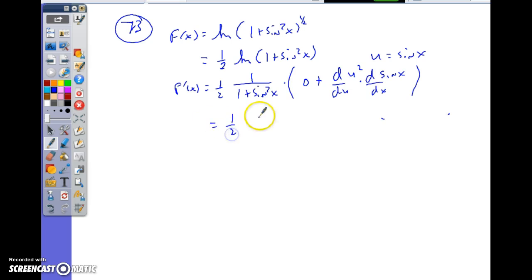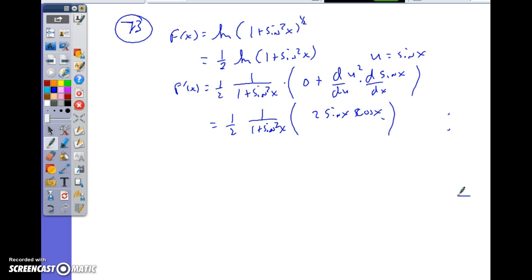This becomes 1/2, 1 over 1 plus sine squared x, times, the 0 goes away, I've got 2u, u is sine x, times the derivative of sine x, which is cosine x. So now you're going to plug in the point right away.